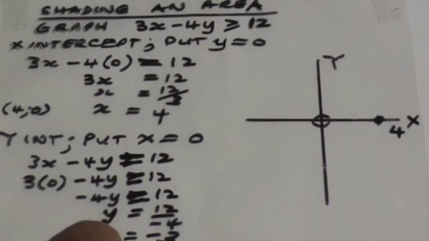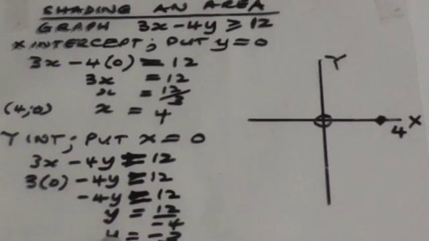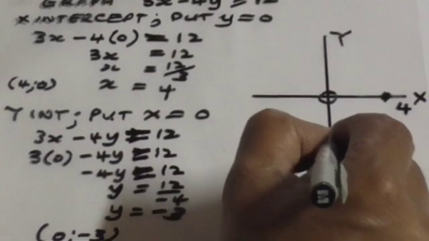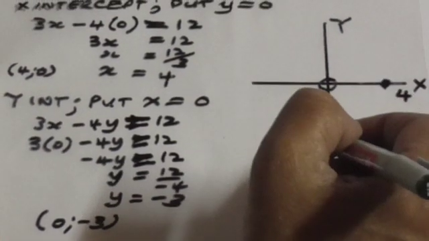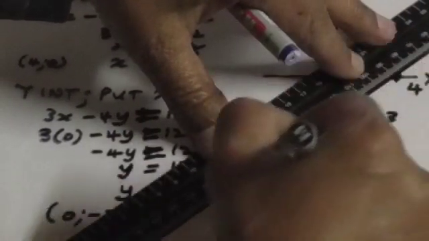This is actually (0, minus 3). So if I want to plot this, there's 0 and minus 3 will be somewhere here. So these are the 2 points. And then you just join them. And you've drawn the graph.